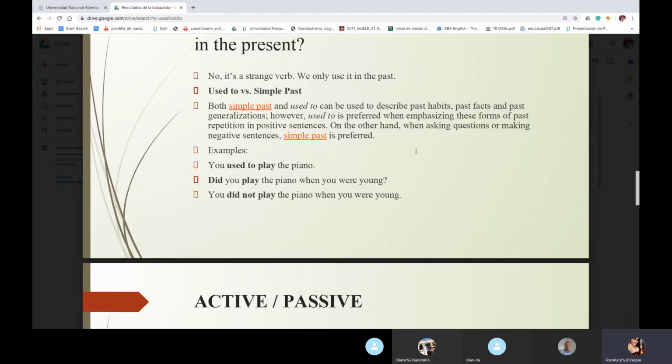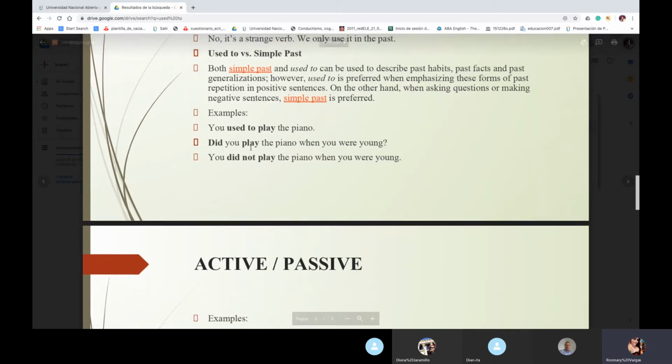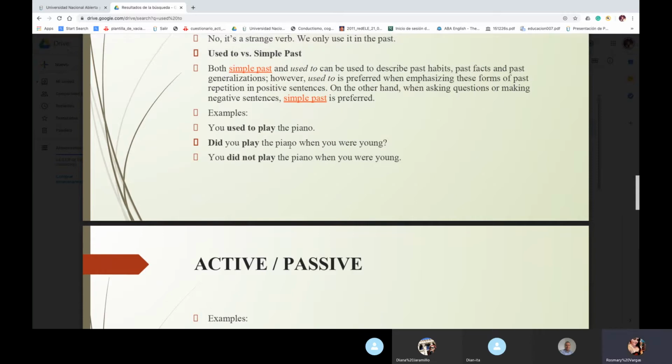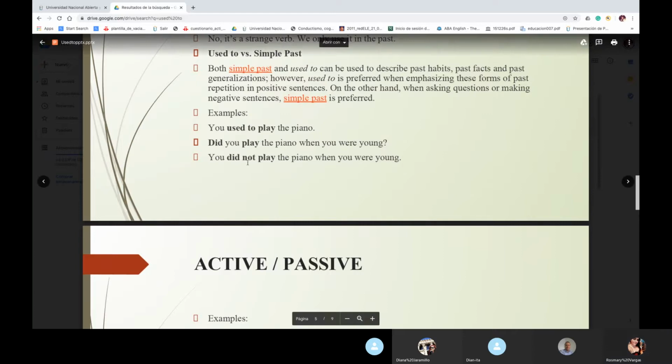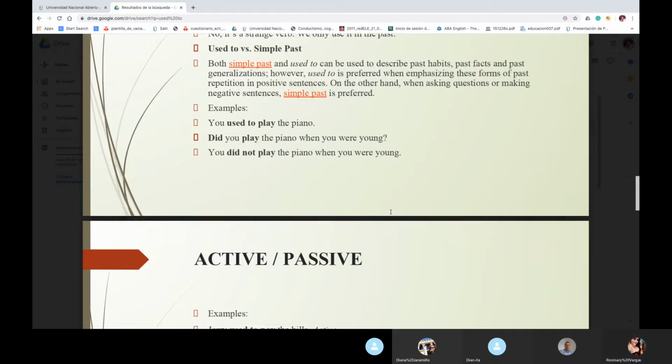On the other hand, when asking questions or making negative sentences, simple past is preferred. Okay, for example: you used to play piano. Did you play the piano when you were young? You did not play the piano when you were young.